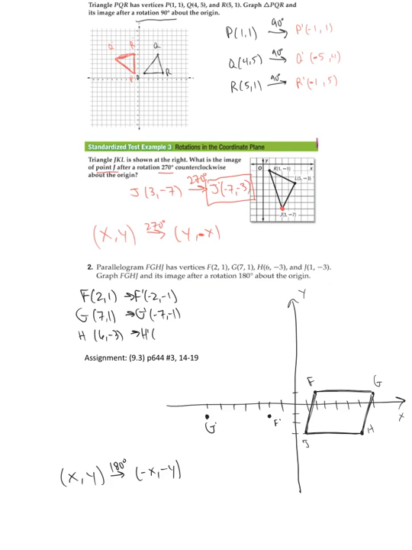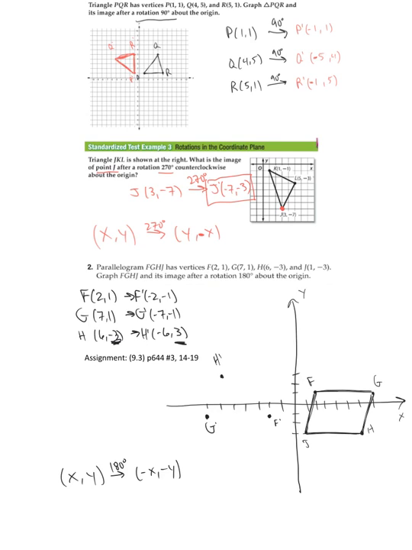So H prime will be (-6... sorry, not -3. It will be (-6, +3). That was a good catch there. Guys, it's a negative, so again, it's changing the sign. So it'll become a +3. So (-6, 3). That'll be our point H prime.